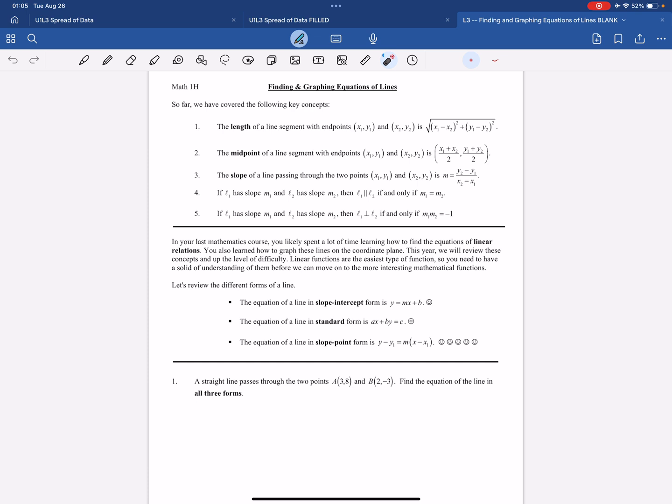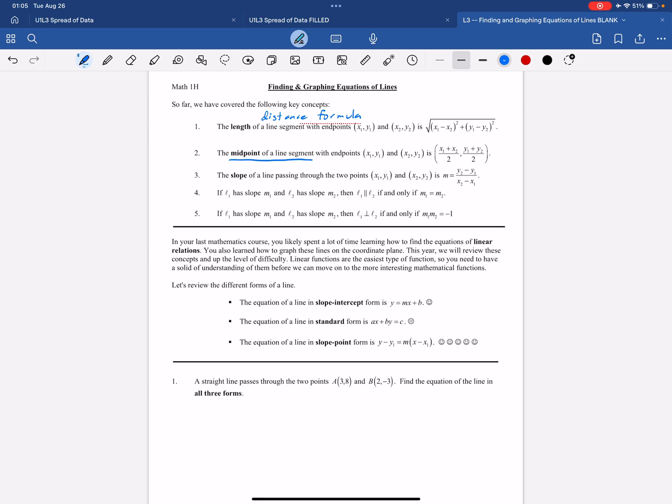We talked about the length of a line segment. This is also the same thing as the distance formula, if we have points x1, y1, and x2, y2. And then we talked about the midpoint of a line segment, so find the midpoint of 2 points.